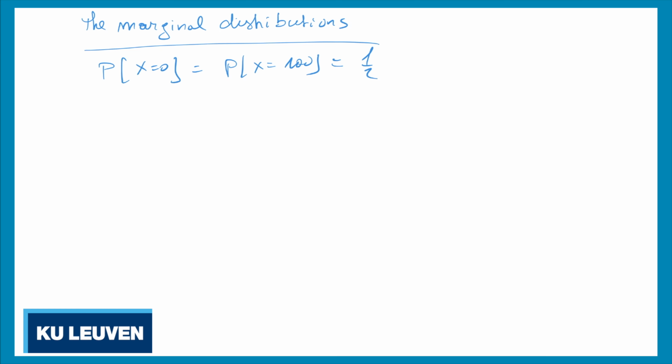So it means that for X you either have no loss at all, you get 0, or you have a loss of 100. And we assume that the distribution of Y is the same. So the probability that Y is equal to 0 is equal to the probability that Y is equal to 100, and both probabilities are 1 over 2. So we know exactly what the marginal distributions are.